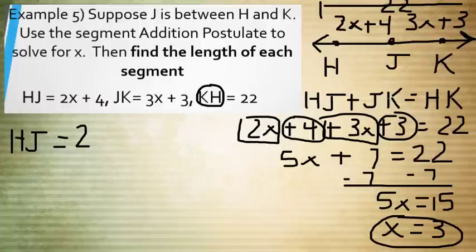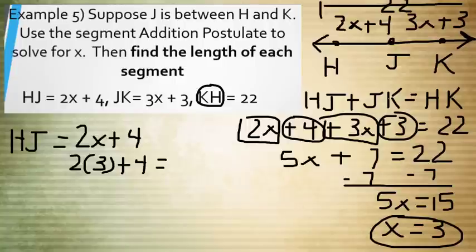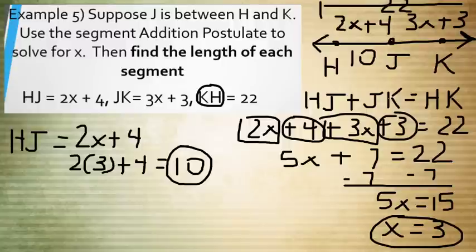So again, originally we said that HJ has a value of 2x plus 4. So we're going to, again, substitute in what we just got, our value of x, which was 3. So 2 times 3 is 6 plus 4. HJ has a length of 10. Okay. Now JK, same thing.